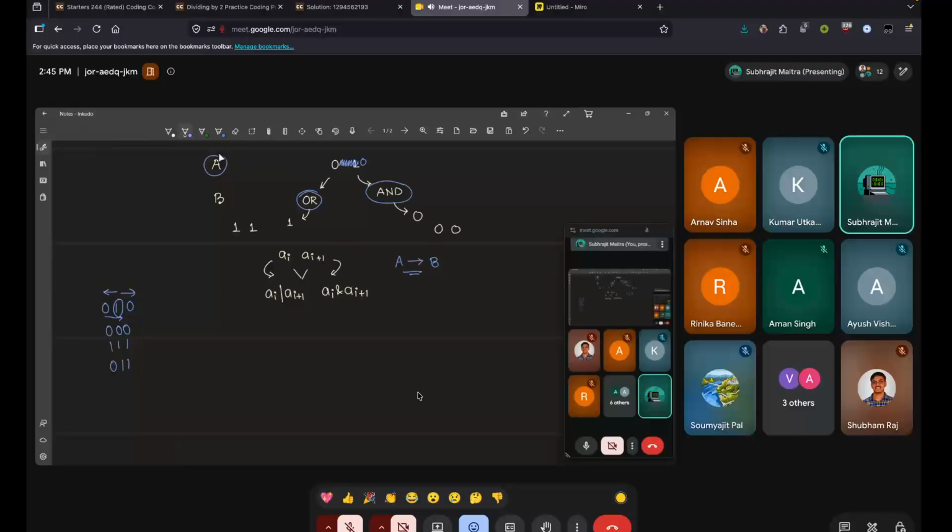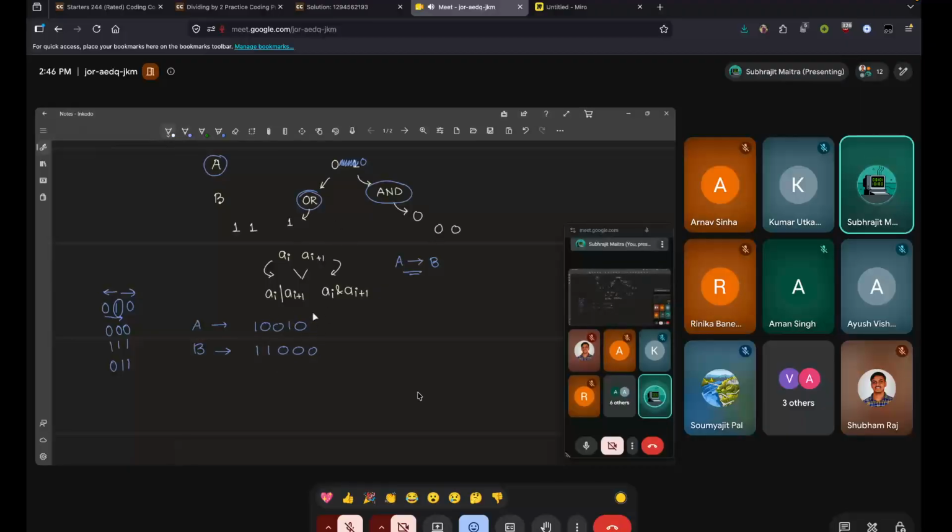Now, what do I mean by compressed form? Let me give you an example. Suppose A is 10010, and B, let us consider, is 11000.